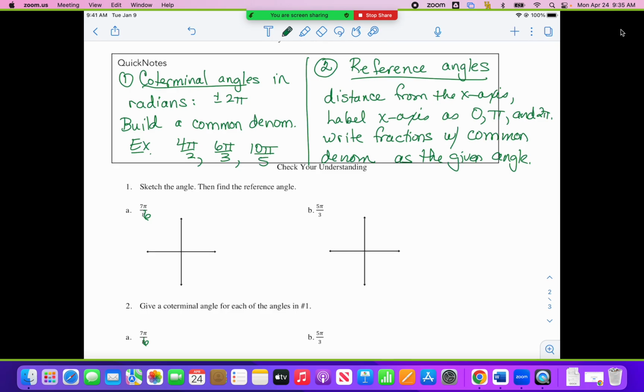So again, a reference angle is the distance from the x-axis. Label the x-axis 0, pi, and 2 pi. Write fractions with common denominator as the given angle.